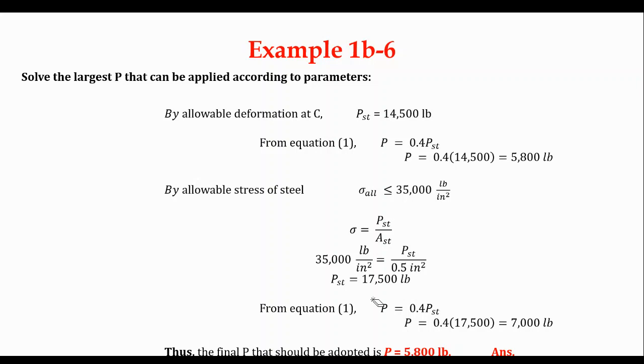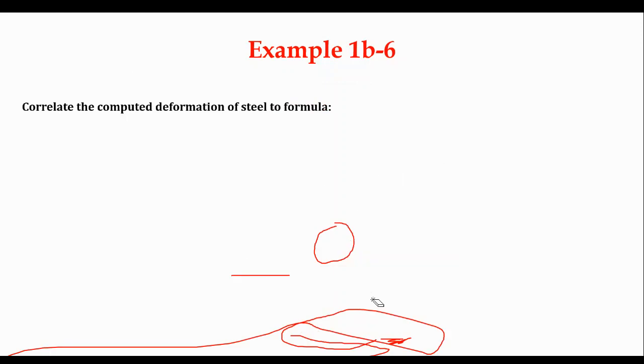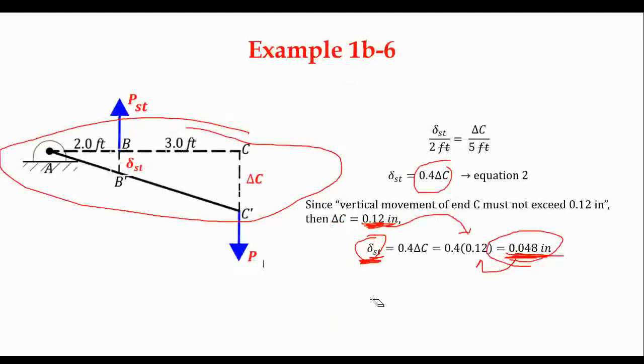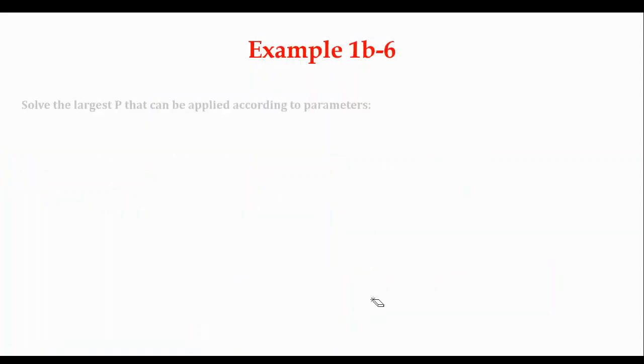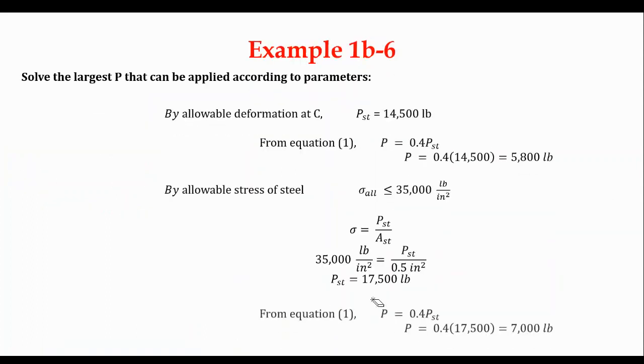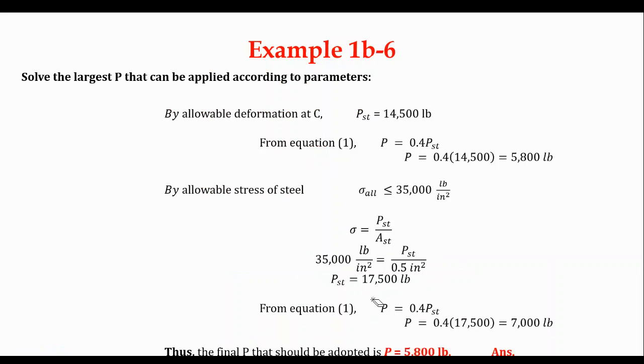So, sa kini, ang tinuod gid ani ang displacement ni C ang nagbuot. Okay, na 0.12. Kaya ang i-adapt na P sa system must be 5,800 pounds. Okay, so dapat ang line of thinking na to.